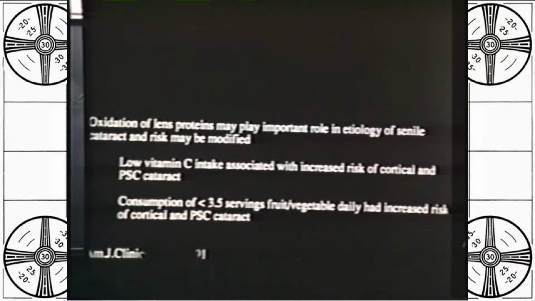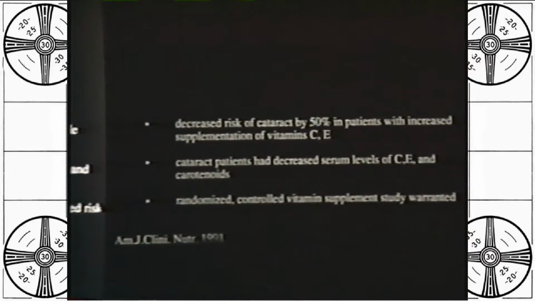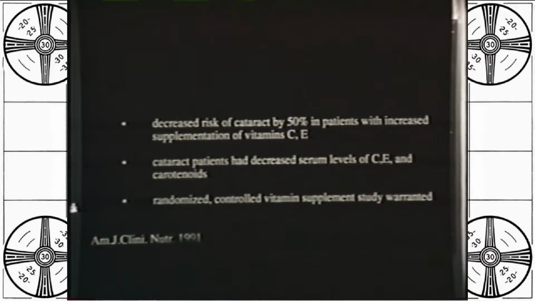Patients that consumed low quantities of fruits and vegetables per day had an increased risk of cortical and capsular cataract. They noticed that there was a decreased risk of cataract by 50% in patients who had increased supplementation of these antioxidant vitamins, and that patients who had decreased serum levels of these had more cataracts. Randomized controlled vitamin supplement studies are warranted.